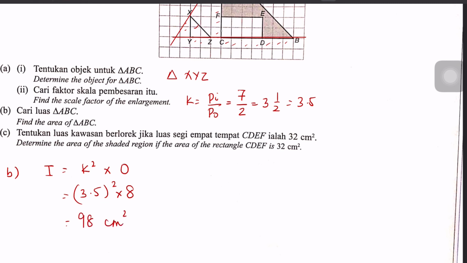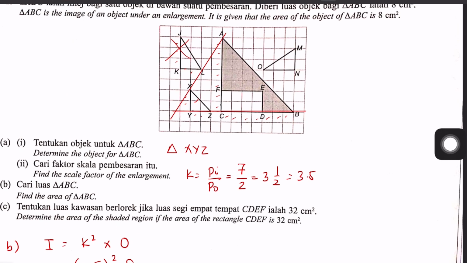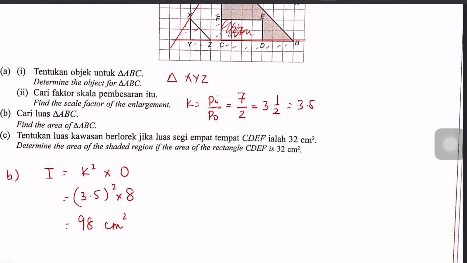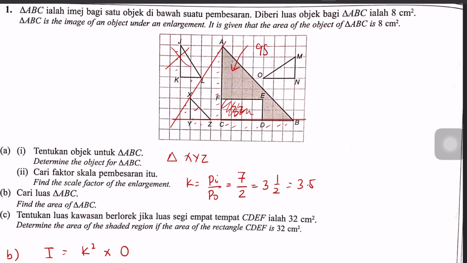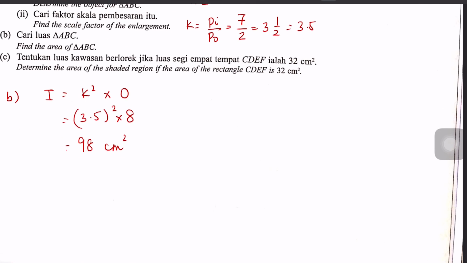And finally, determine the area of the shaded region if the area of rectangle CDEF is 32. If this area is 32, and the whole big triangle ABC is 98, very easy.